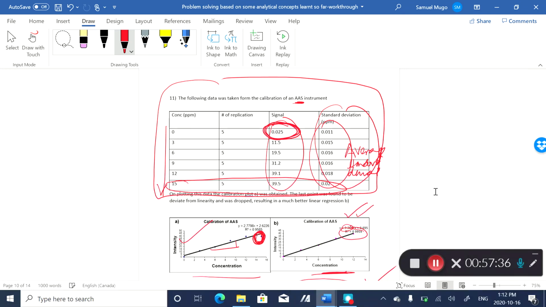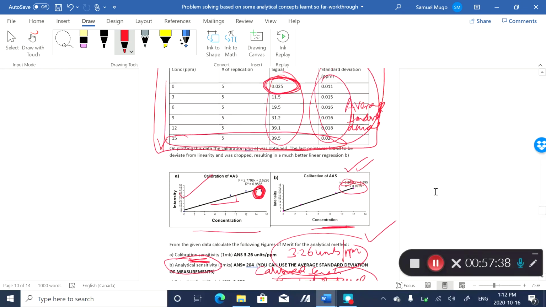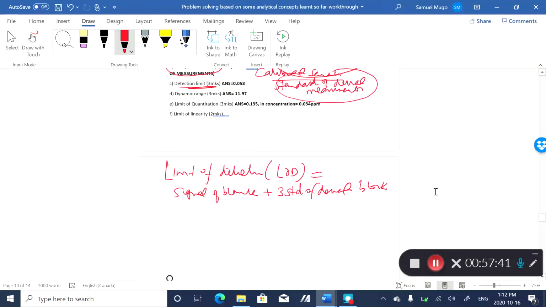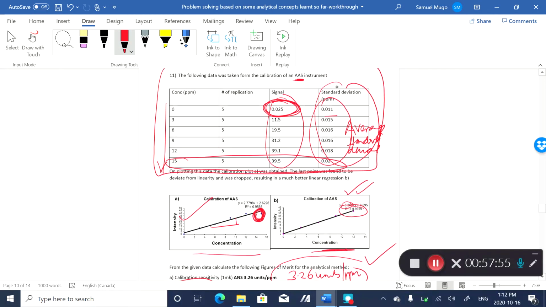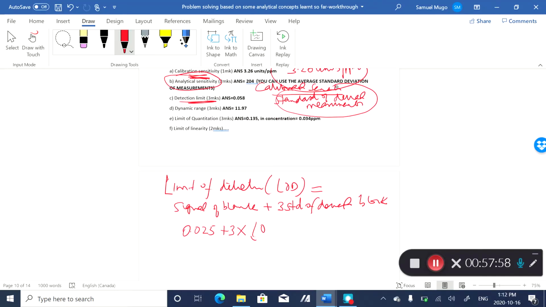That's all I'm going to need to use, the 0.025. So 0.025, that's the signal of the blank, plus 3 times the standard deviation of the blank, which is given right there, 0.011. Whatever answer you get, that's a limit of detection, but you can see it's in signal units.